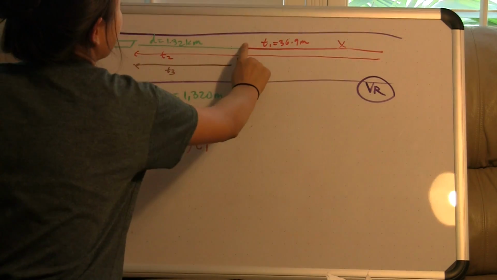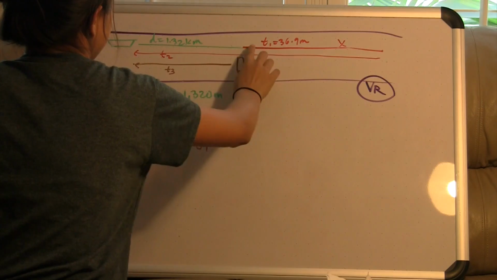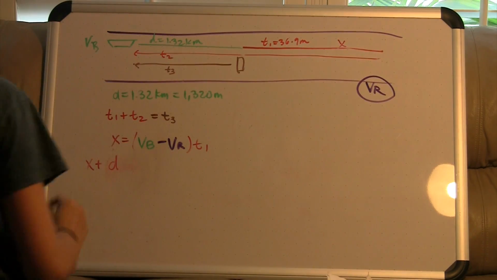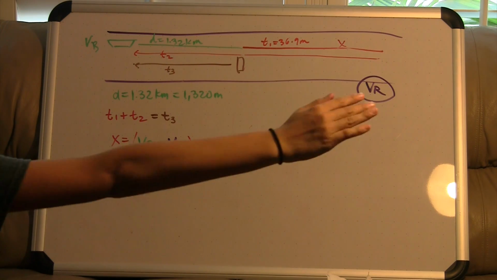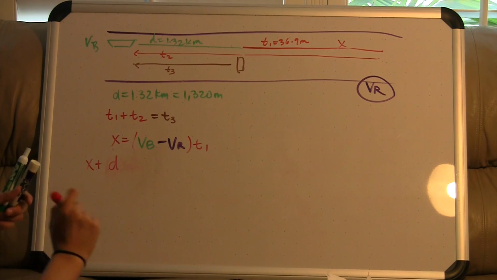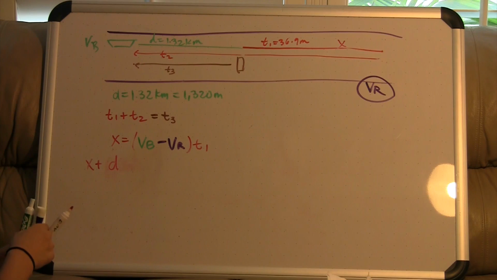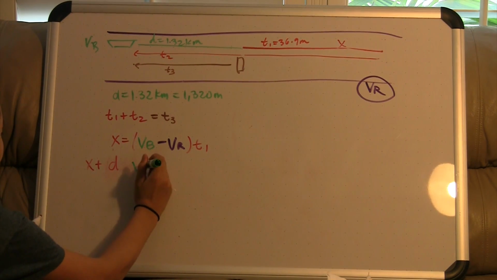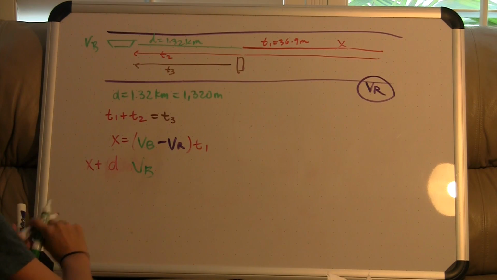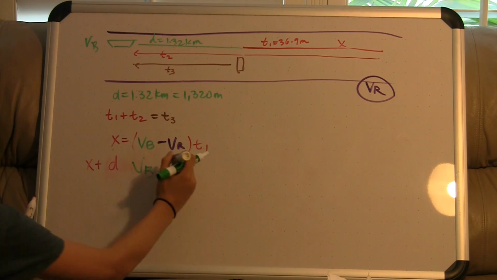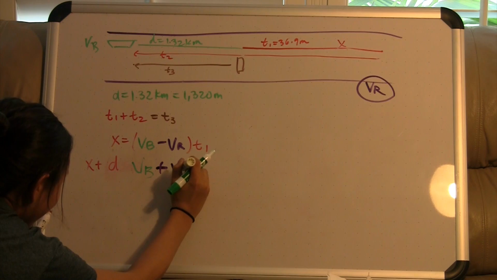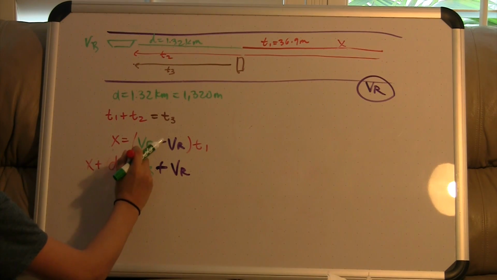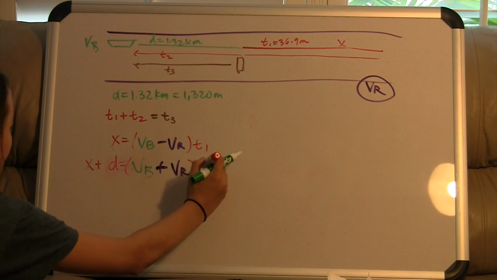This distance from here to here, plus this distance from here back down, is the distance that the boat is going downstream. And that equals VB plus VR, since it's going with the current, times T2.